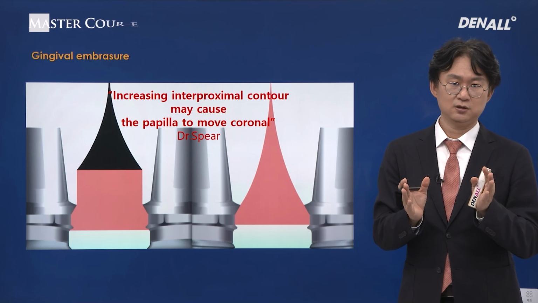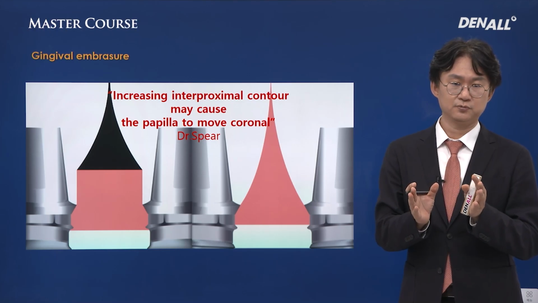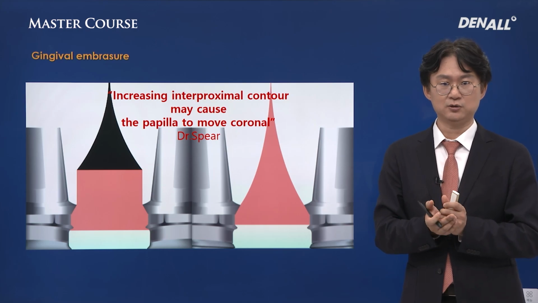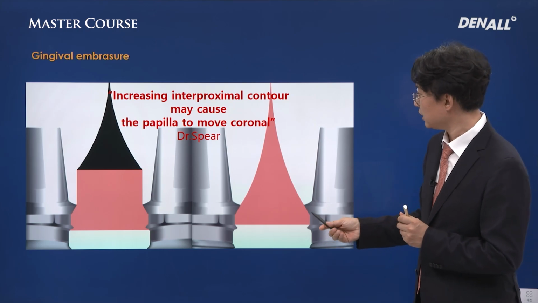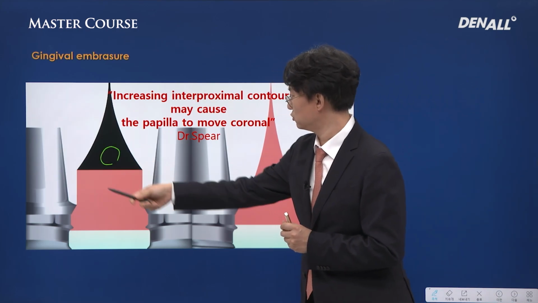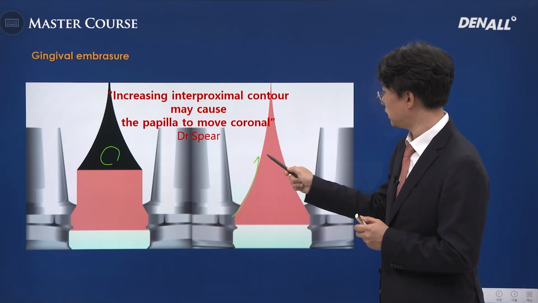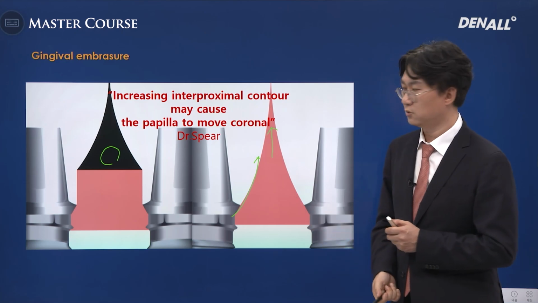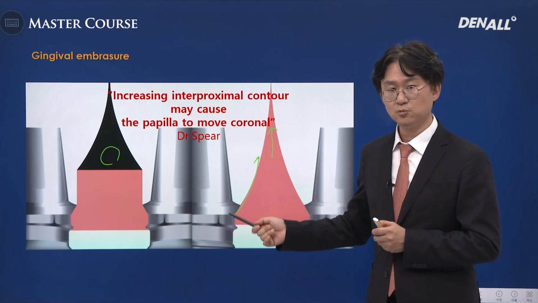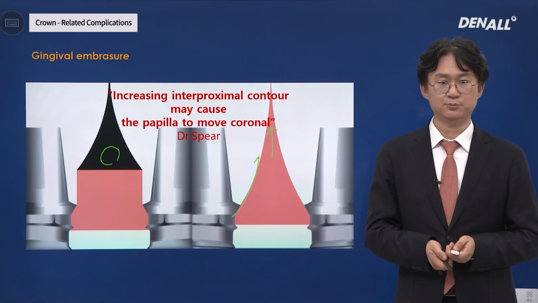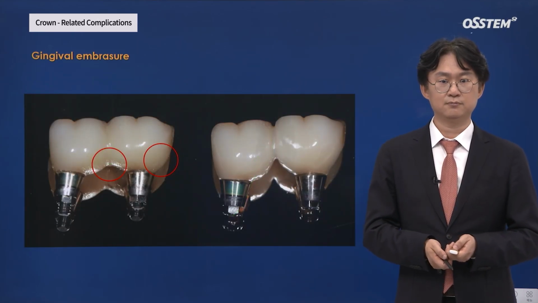The gingiva should be settled in that space. So for that part, considering the adjacent teeth, the papilla space should not be blocked too much. So at the beginning, some space should be provided. Over time, papilla would creep up along the contour to a certain degree. So rather than trying to block the papilla space from the beginning, you need to have some opening there.